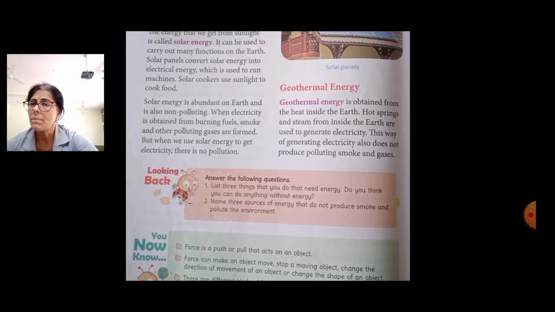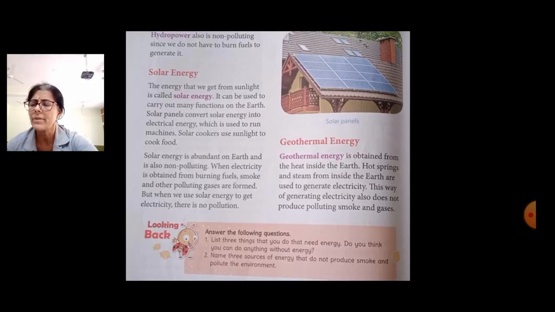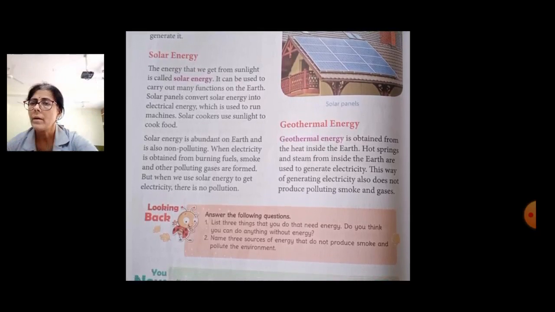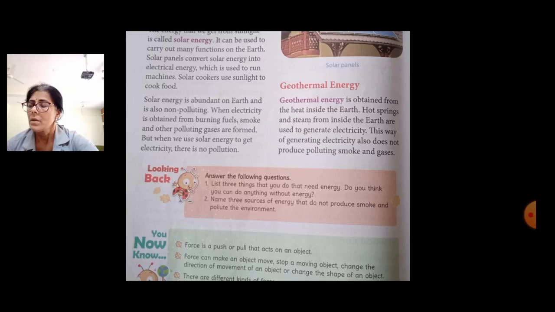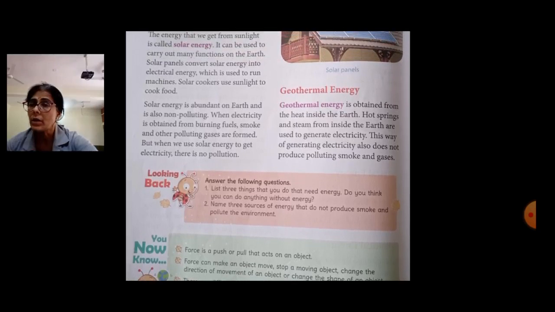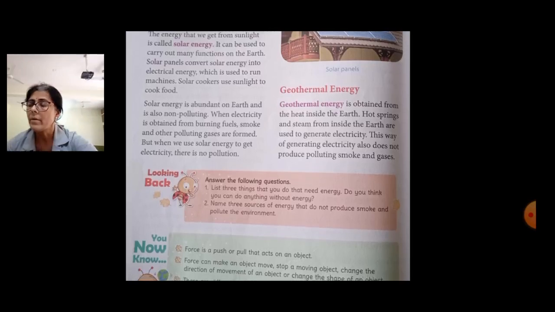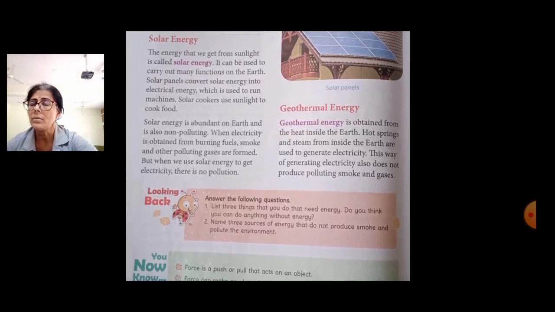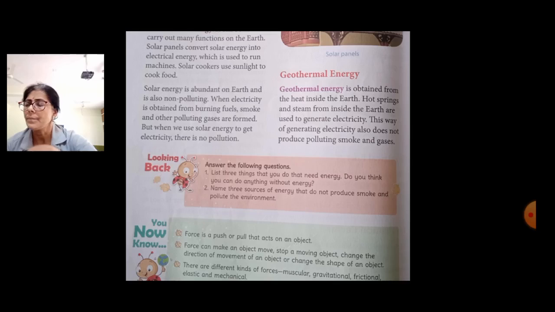Solar panels are also seen in many homes nowadays. Here you can see the picture of a solar panel, right, that produces, means generates, the electricity. Solar heaters are also installed in many homes nowadays. From that also electricity is generated, right? Solar energy is abundant on the earth and is also non-polluting. So this energy is also environment friendly, right?